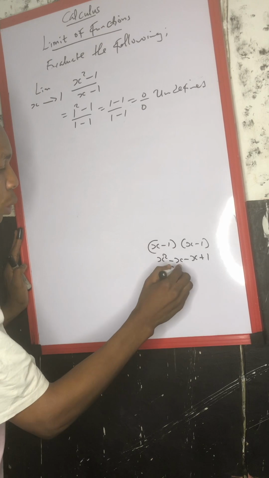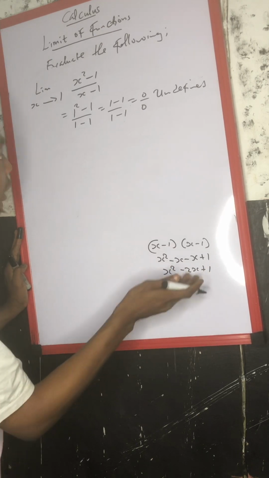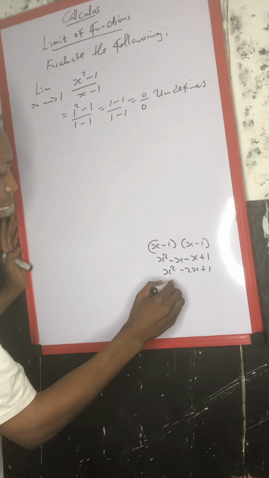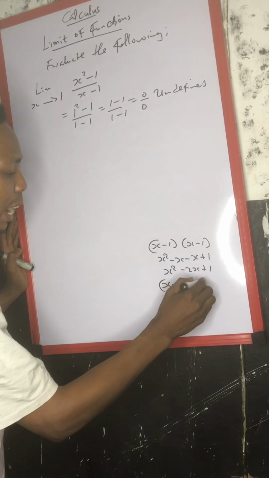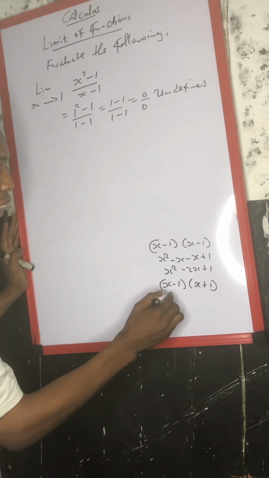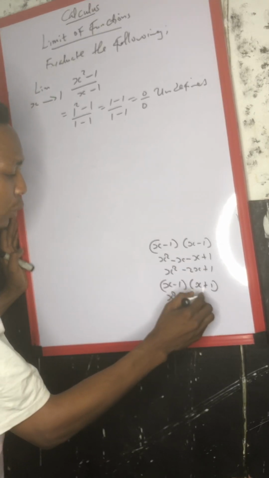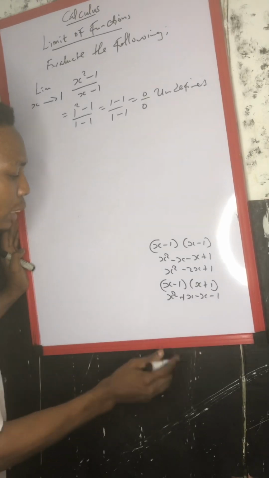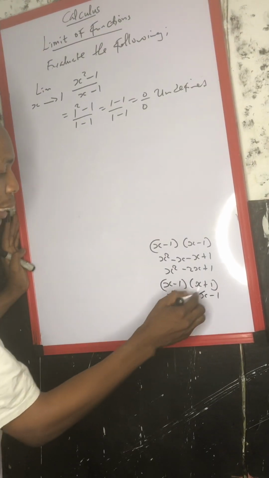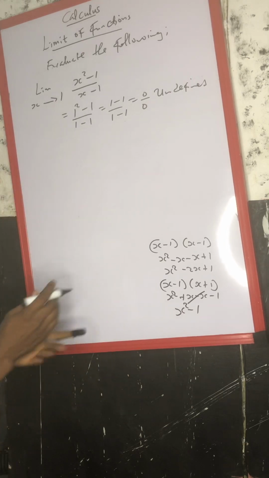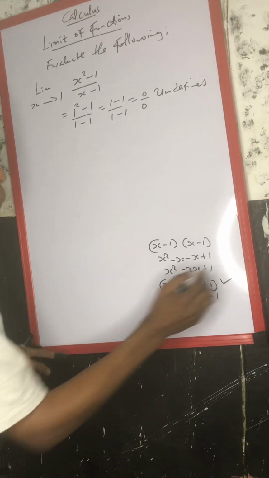We get s squared - 2s + 1. It's not the same as this expression. Let's try (s - 1)(s + 1). s times s gives s squared, s times 1 is plus s, then minus s, then minus 1. So we get s squared, this can cancel out, then minus 1. You can see it's the same as this expression, so we can adopt this.